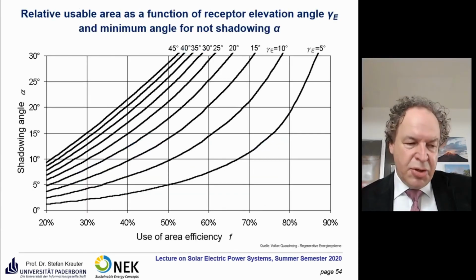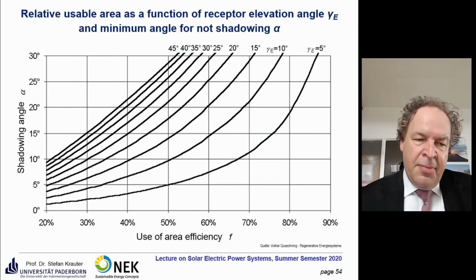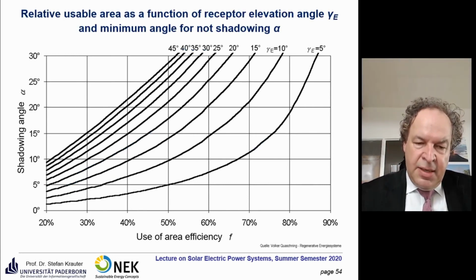So let's see some results. These are computed results. Here we have the use of area efficiency. If you put all solar panels horizontal, we would have a use of area efficiency of 100%. And then we have the shadowing angle, as I've been mentioning before. For example, in winter times in Berlin, it's about 14 degrees here.